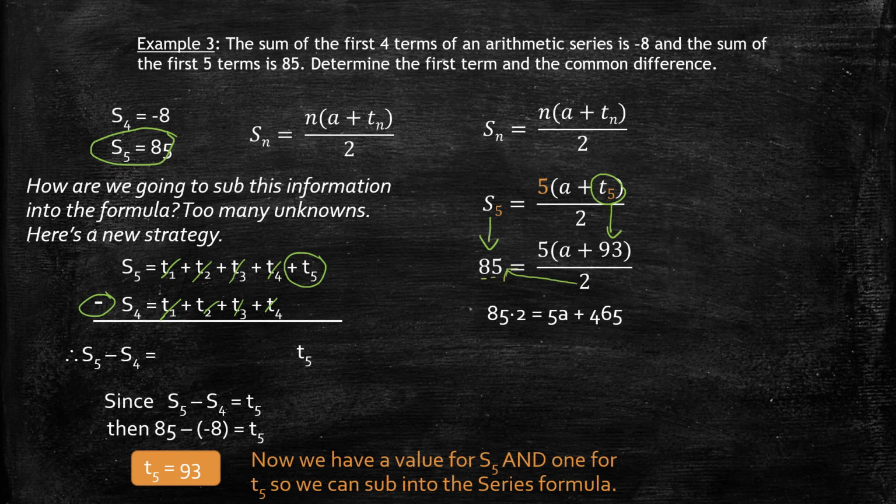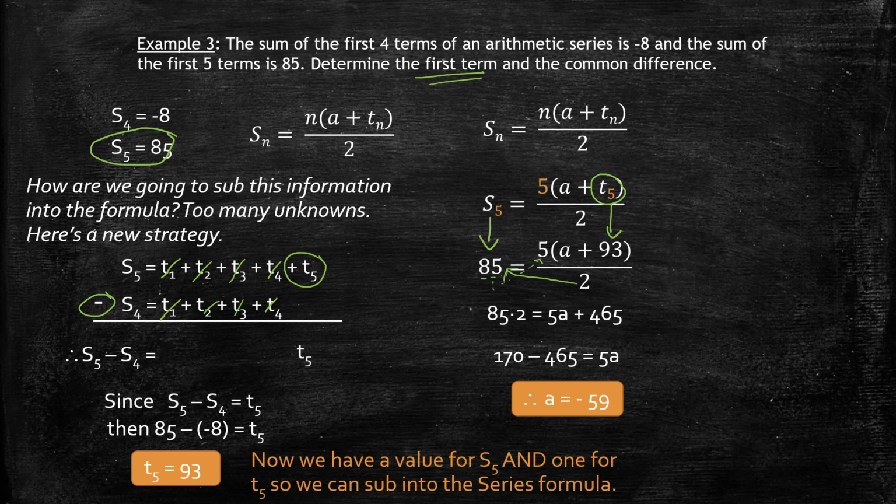There's an invisible 1 under here, so when I cross multiply this side up here, nothing happens because it's just 1. And just doing a little bit of algebra, I get a equals negative 59. And I need a box around that because the question asked me for the first term. What is the first term?